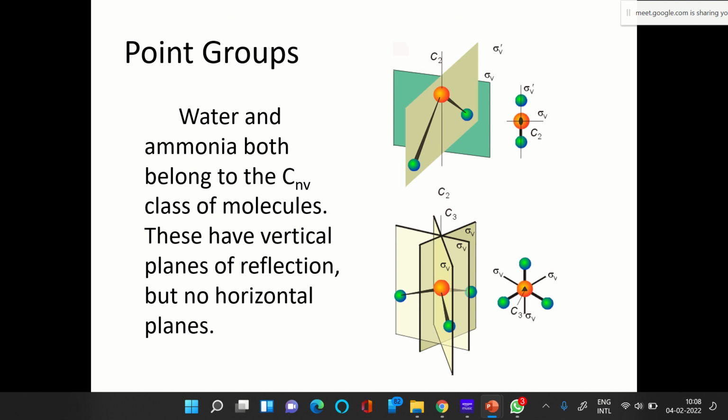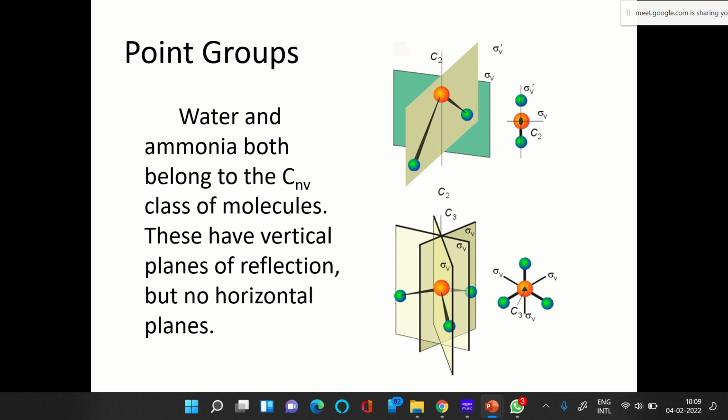If you have a water molecule, you identify a C2, and then you have a sigma v. There are two types of vertical planes, we have already discussed these things. So looking at it, you can easily identify sigma v prime, so two vertical planes.